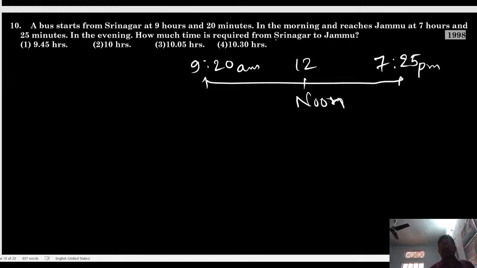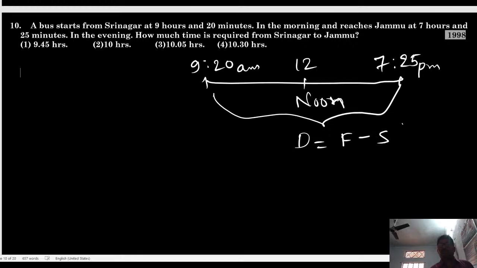How much time is required from Srinagar to Jammu? We have to find duration of activity. Duration of activity is equal to finishing time minus starting time. So this is the formula.